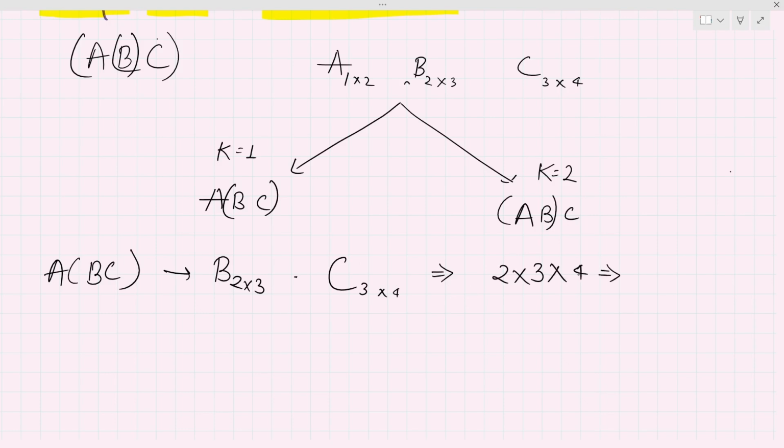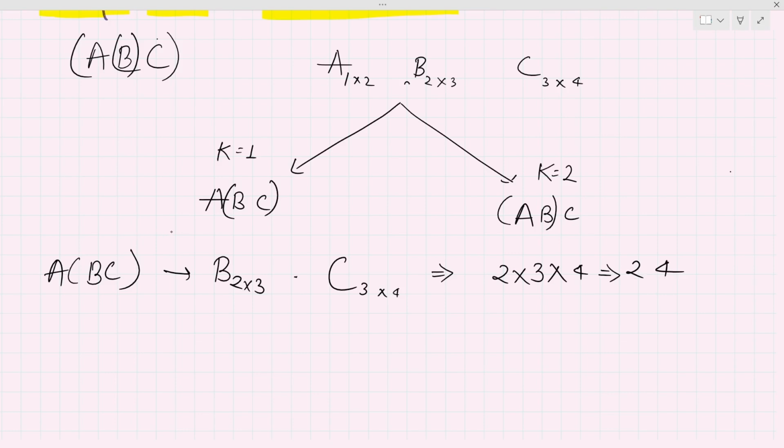This is the result of B multiplied by C. I hope it is clear how we multiply the matrices. Now 4 into 4, 4 12, 12 to your 24. So the result is 24.